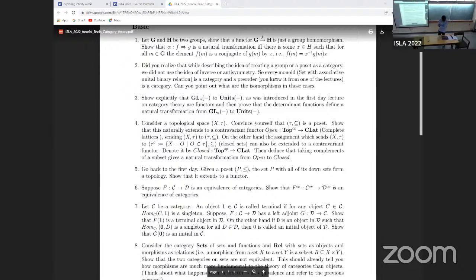Moreover, I want to ask you what should be a natural transformation between group homomorphisms visualized as functors. The question states that it has to be one element in the codomain group, so that for every element m in G, Fm is a conjugate of Gm.